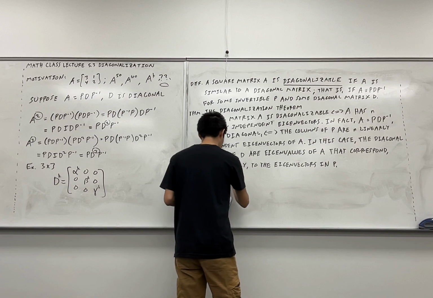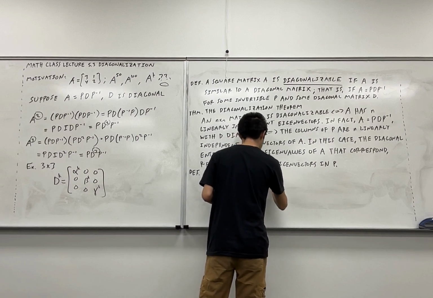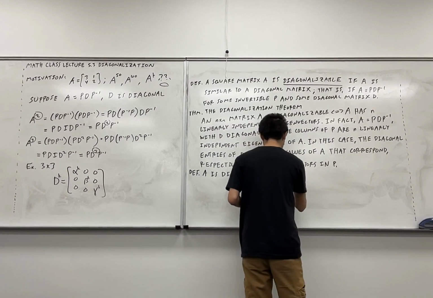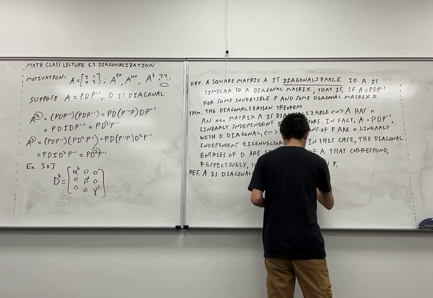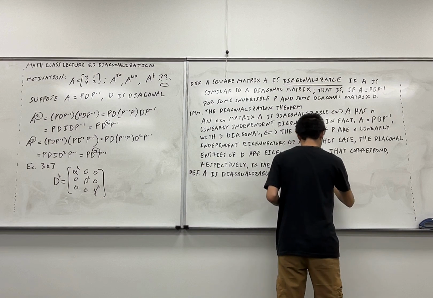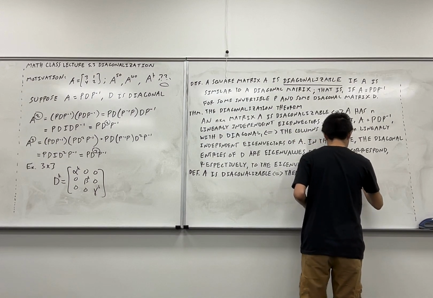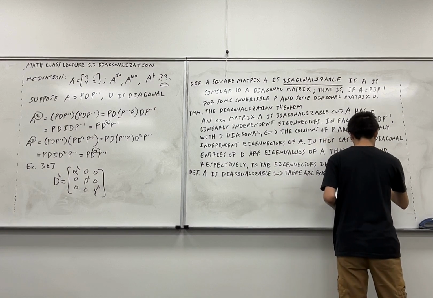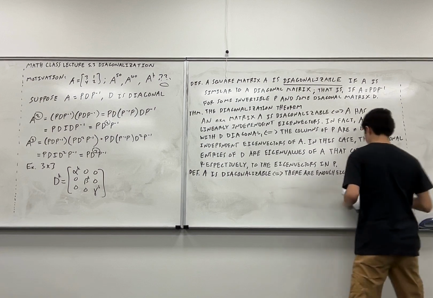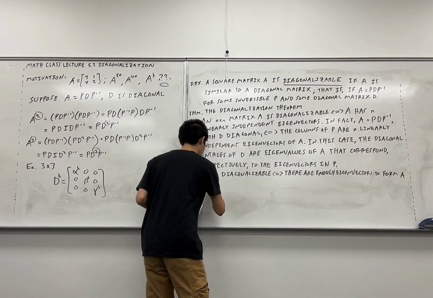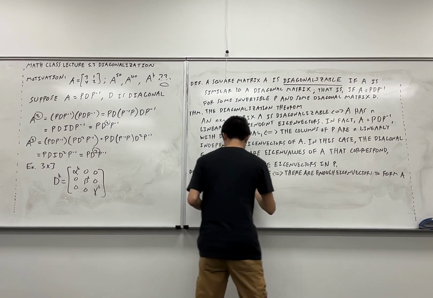A is diagonalizable if and only if there are enough eigenvectors to form a basis of Rn.